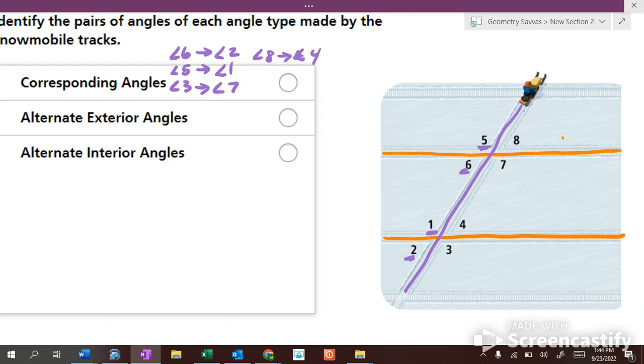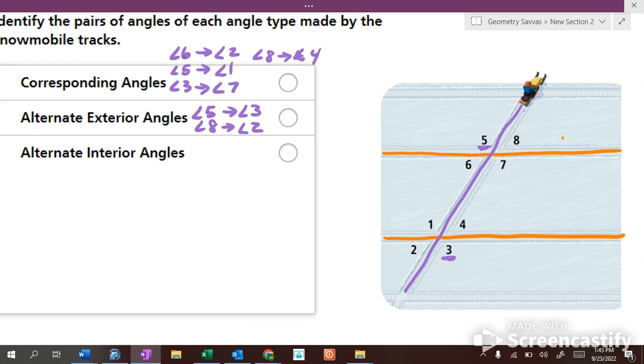Okay, so now alternate exterior angles. To be an alternate exterior angle, you have to be to the outside of the parallel lines. So 5 and 3 are on the outsides of the lines and on alternate sides of the transversal. What's 8 alternate exterior with? 2.